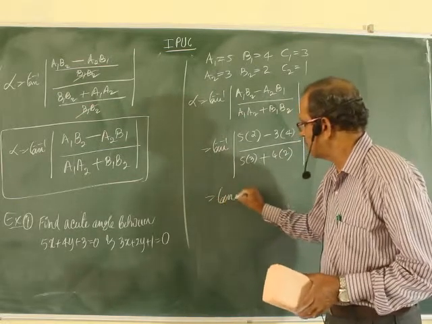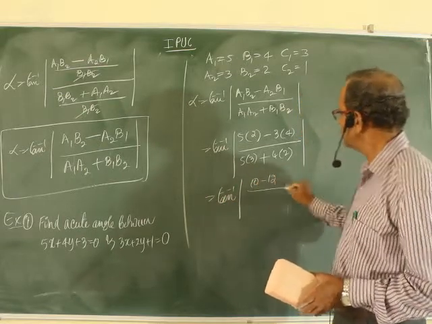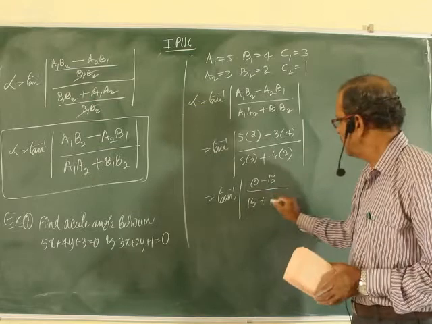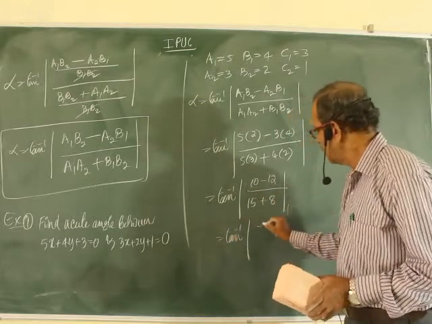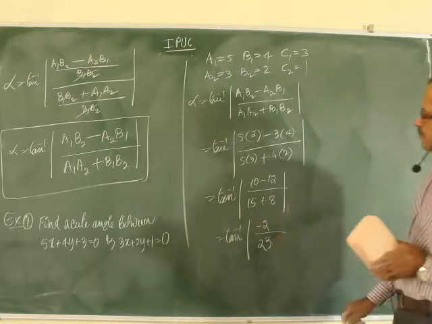Tan inverse of 10 minus 12 by 15 plus 8, tan inverse of minus 2 by 23.